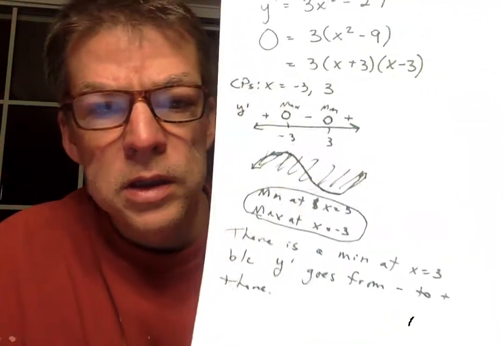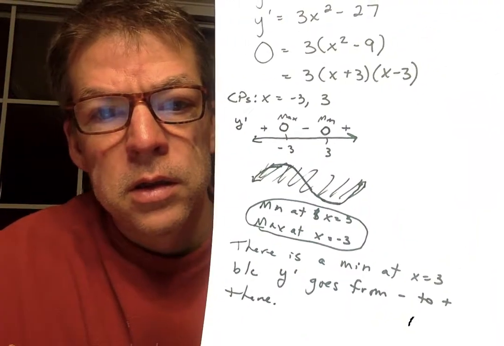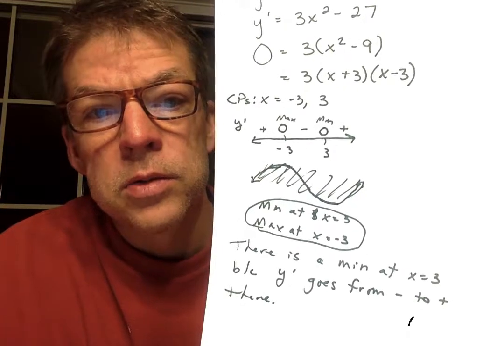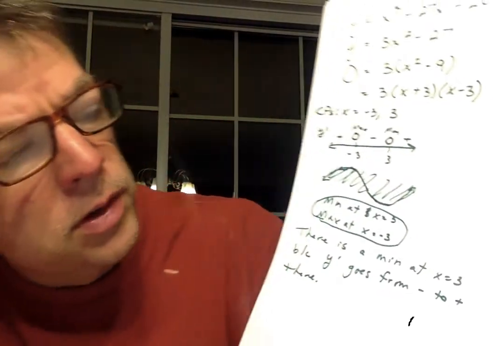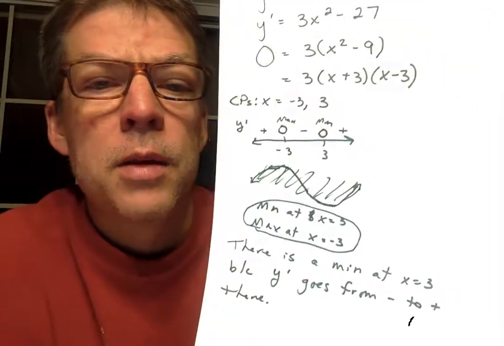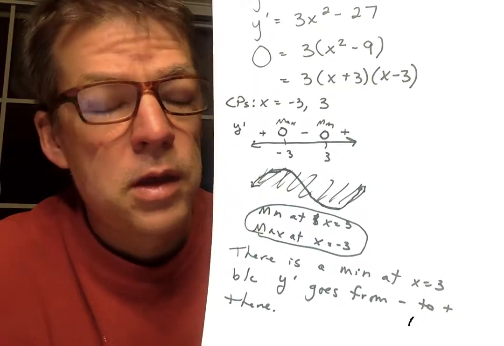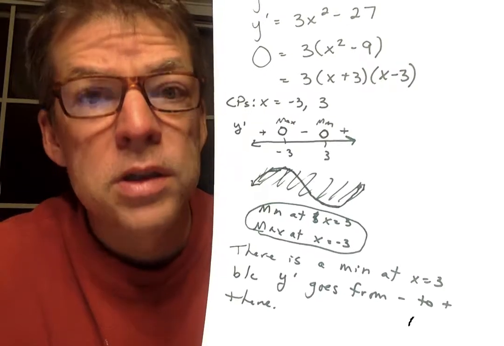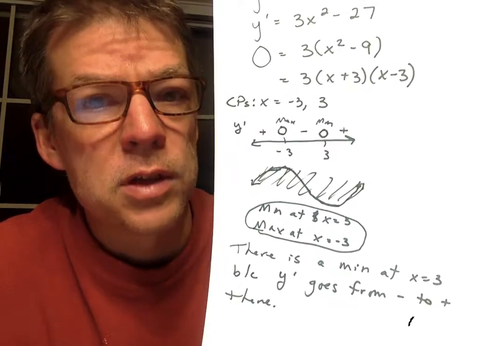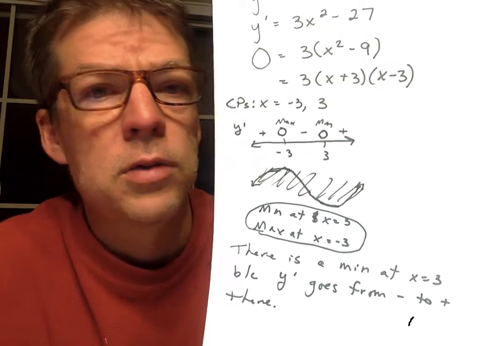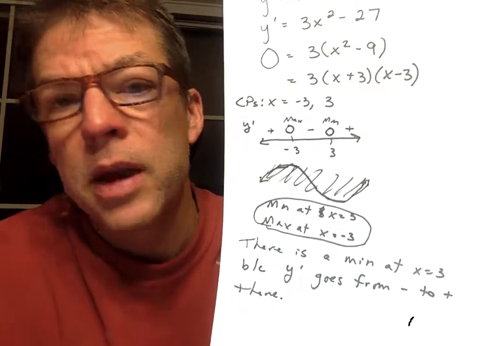Okay, can you read that, hopefully? There's a max at x equals -3 because y prime goes from positive to negative there. You write that, and they will consider that justified. You have explained why you think there's a min. Great, okay? And you could do the same thing for the max if they asked for that.